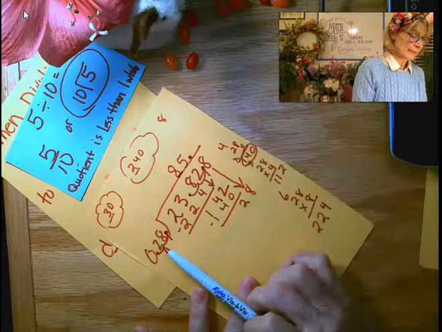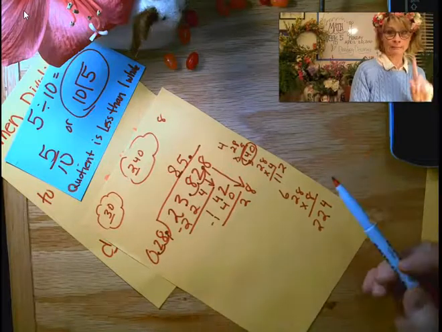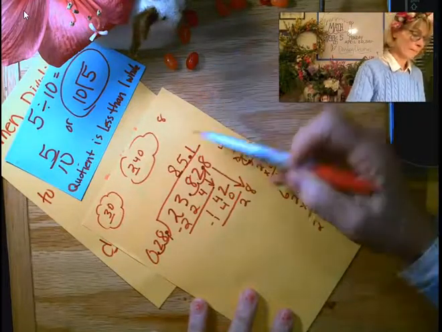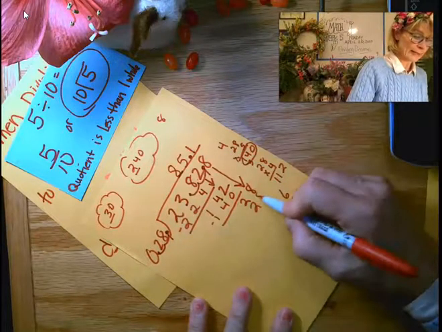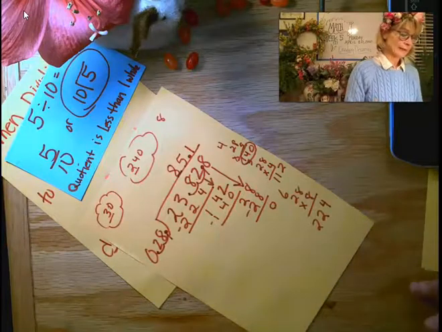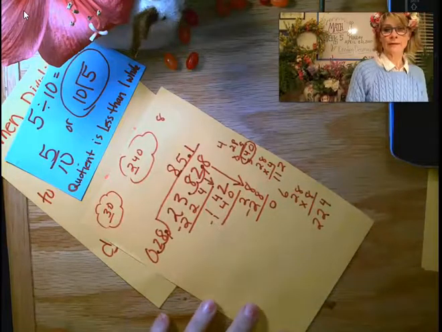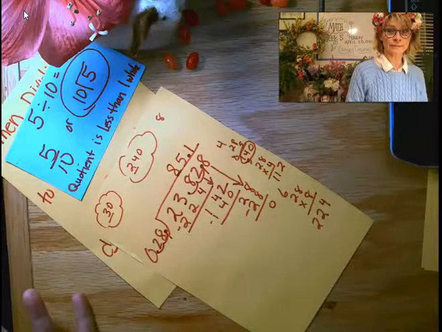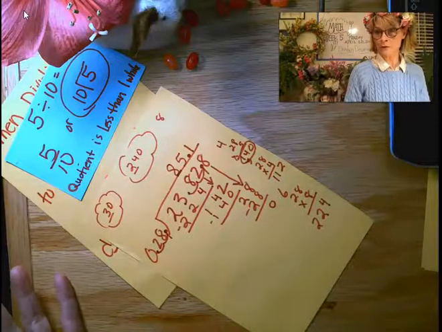And I'm going to ask, 28 will go into 28 one time. I don't have to work that out now. 1 times 28 is 28. I subtract and get 0, so I'm done. So my answer is 85 and 1/10. I could check that with multiplication. You can do that on your own.